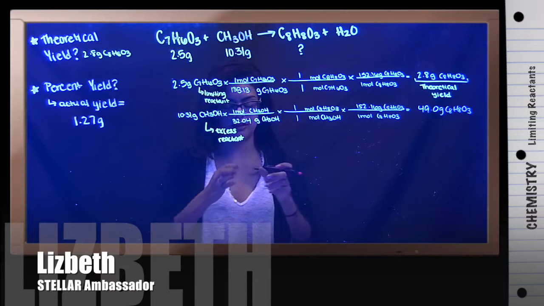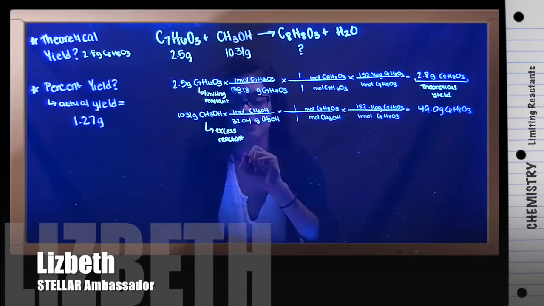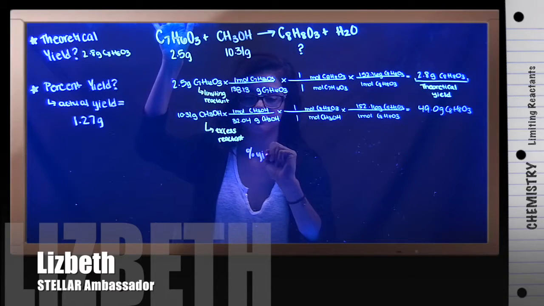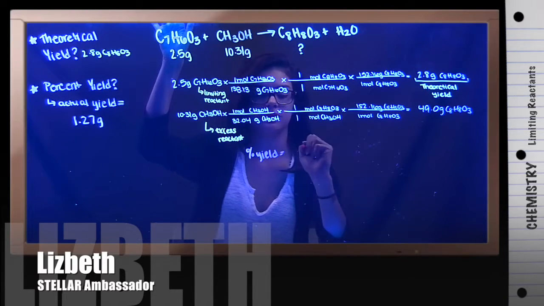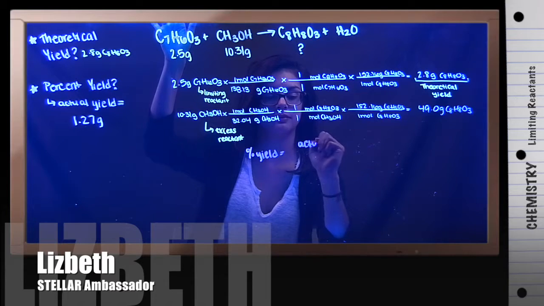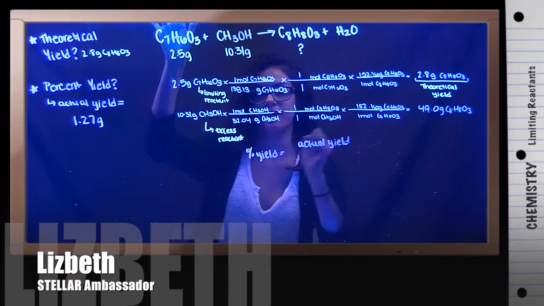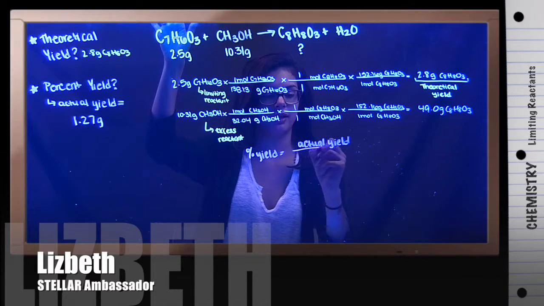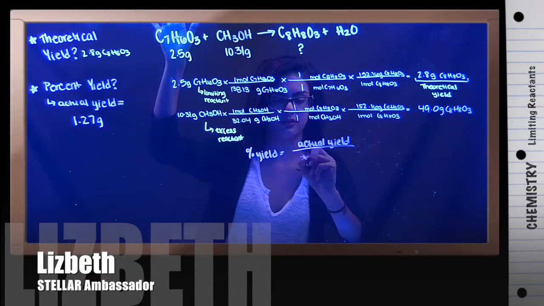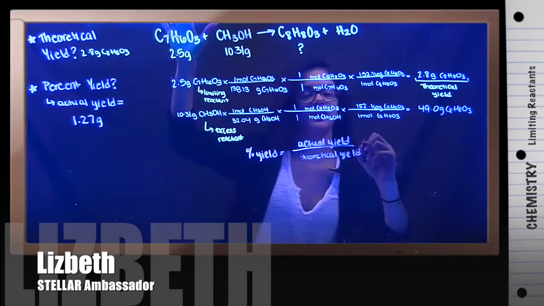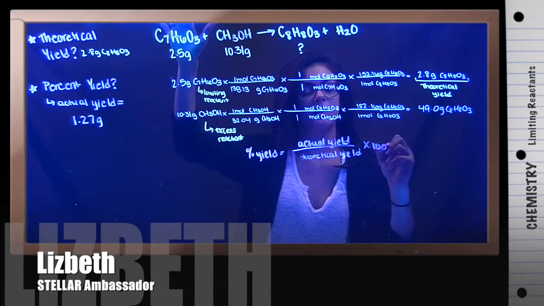So our percent yield is equal to the actual yield, or experimental yield, if you learned it that way, over your theoretical yield, times 100.